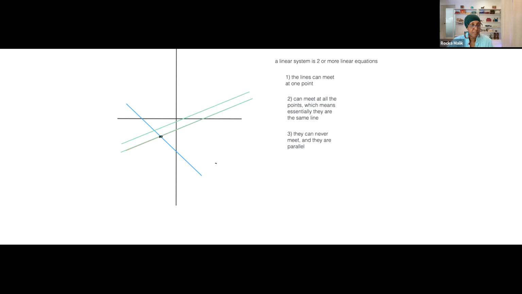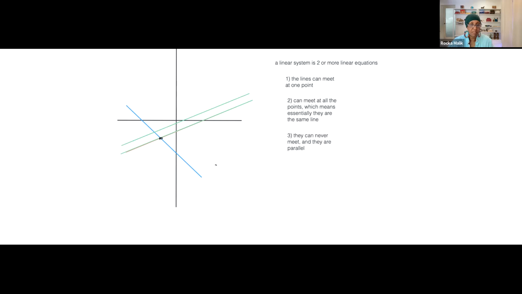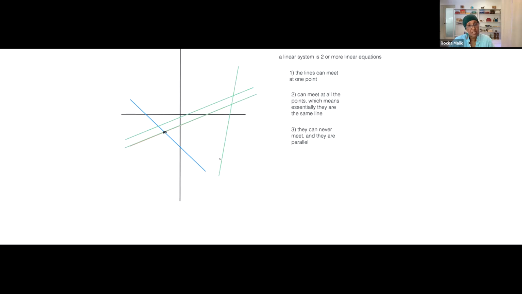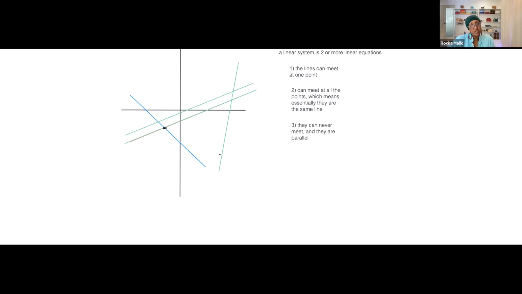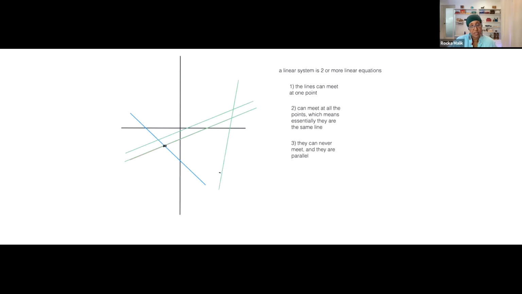And Weber-Stein may ask you to find the parallel lines, the lines that don't meet, or they may choose the two lines that meet at one point, that intersect at one point. Choose the two lines that happen to have the same slope, or choose the two lines that will never meet. And they can ask you the same thing in a bunch of ways.